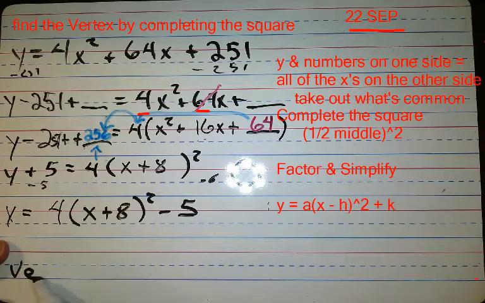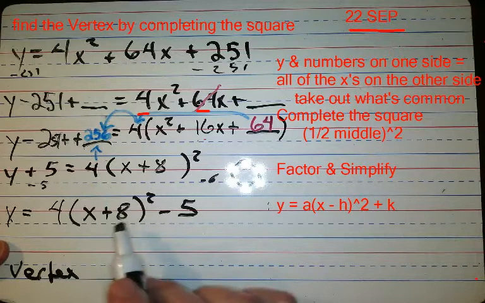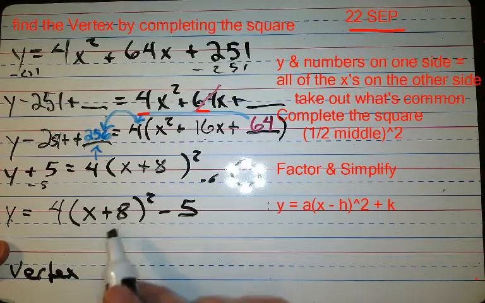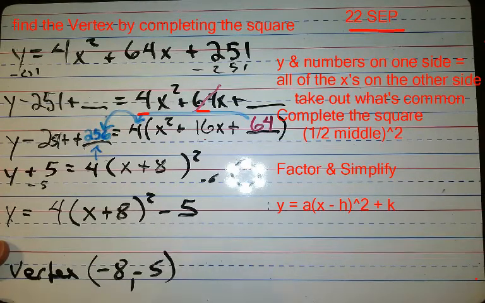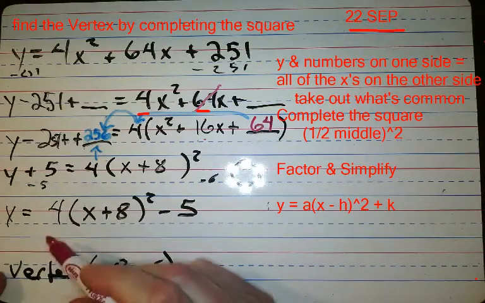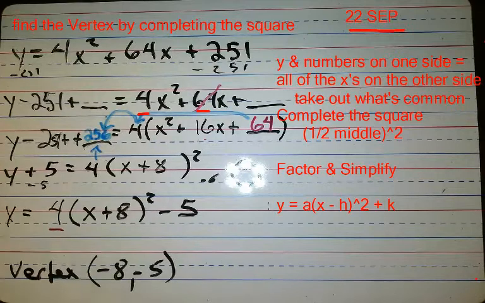Now remember, that tells me what my vertex is. The vertex is always the opposite of this guy, negative 8, and exactly this guy, negative 5. Plus, remember, the number that's in front, we know that this number right here means that it's skinny. This guy is the skinniest little thing, right?